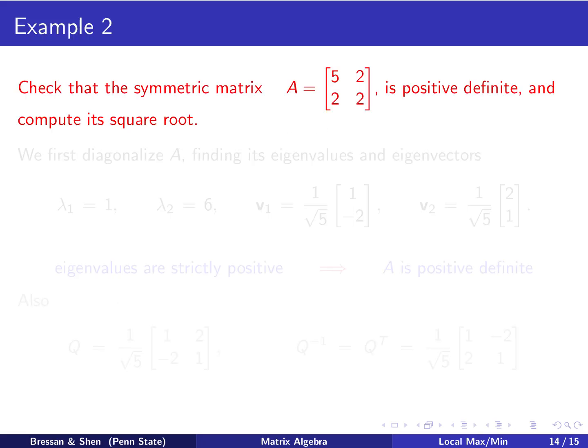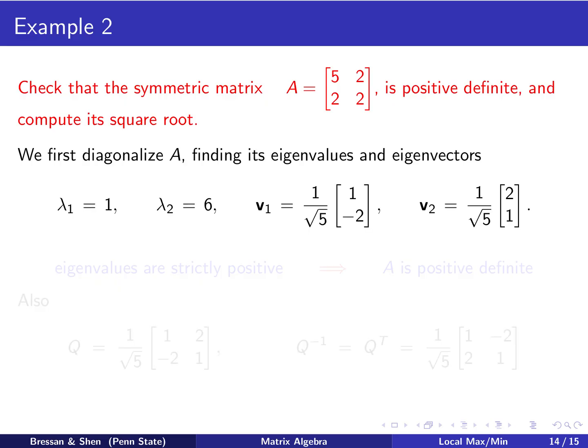Another example is to compute the square root of a symmetric matrix A here. We need to check that this is positive definite, and then we want to compute the square root. Again, one needs to diagonalize A, and find the eigenvalues and the eigenvectors. I'll skip the detail, and let's say we have found them.